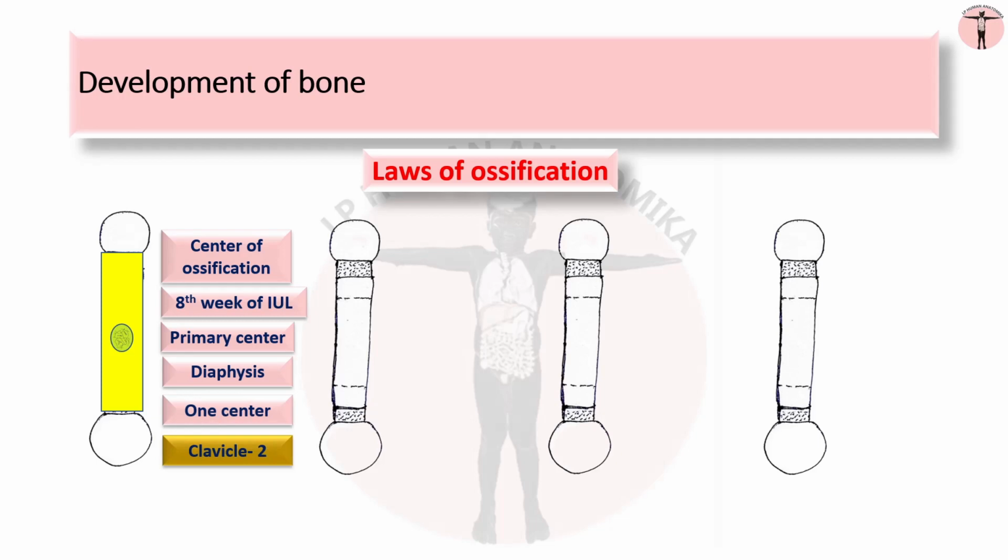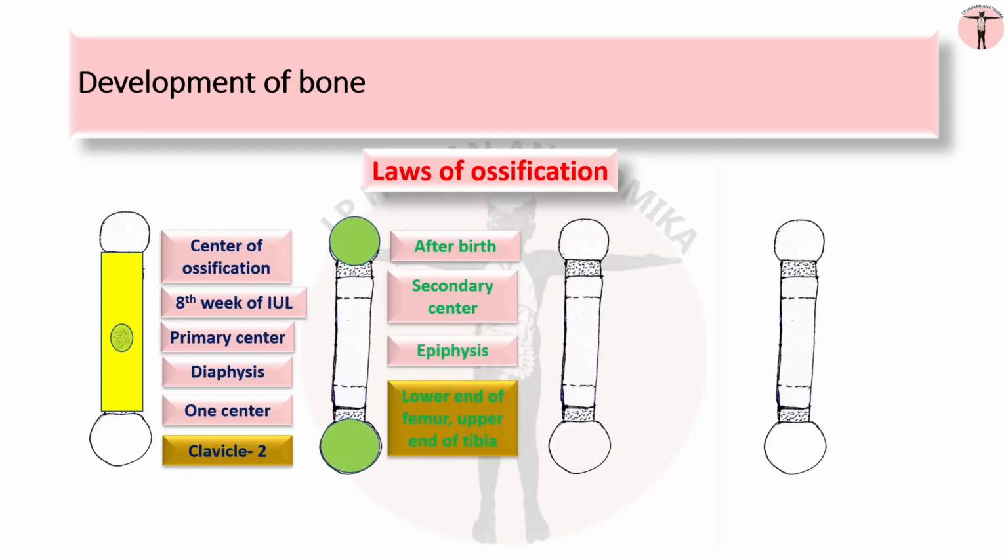The second law is that the center appearing after birth is called the secondary center, which develops into the epiphysis. But in the lower end of the femur and upper end of the tibia, the secondary centers appear before birth, an exception to the law.